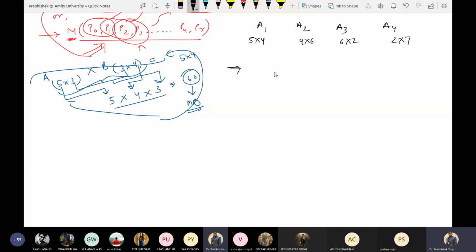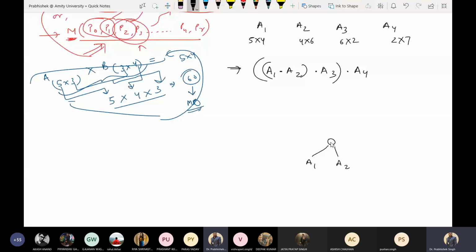Either you multiply A1 and A2 first, then multiply the result with A3, and then multiply that with A4. One option is to multiply in this way. First you multiply A1 and A2, and you get one node here.